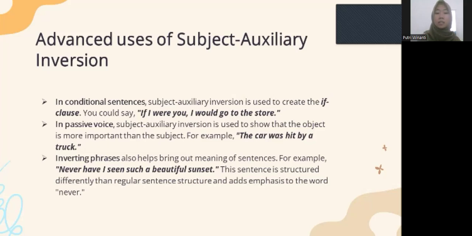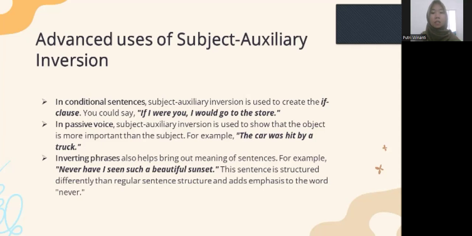In conditional sentences, subject auxiliary inversion is used to create the if clause. You could say, if I were you, I would go to the store. In passive voice, subject auxiliary inversion is used to show that the object is more important than the subject.